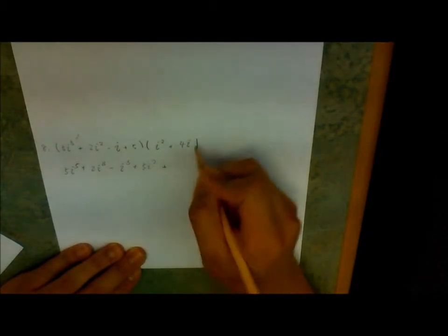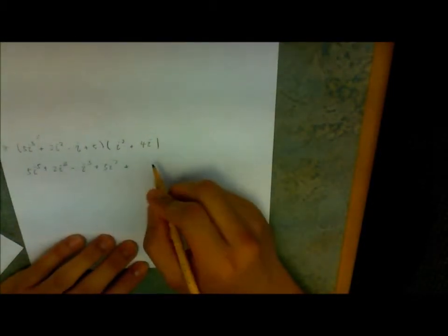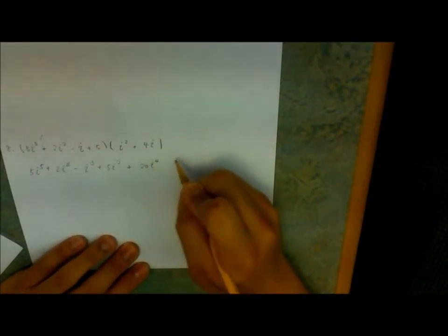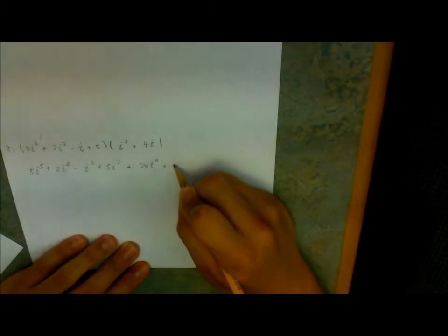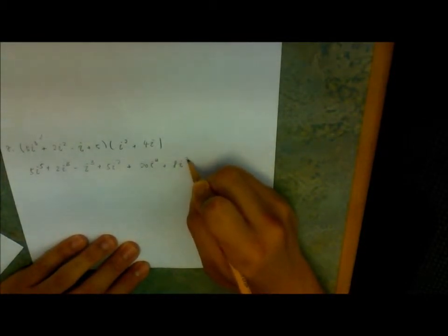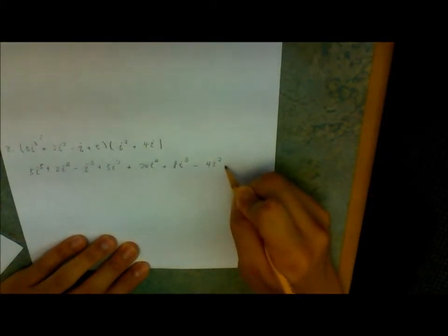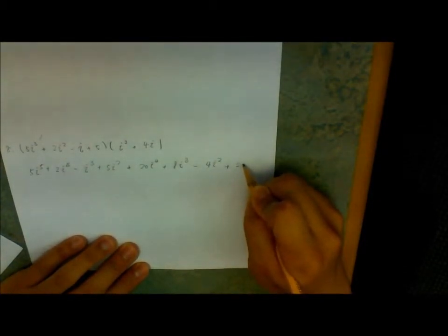Then you multiply the 4i in. You get 20i to the 4th plus 8i cubed minus 4i squared plus 20i.